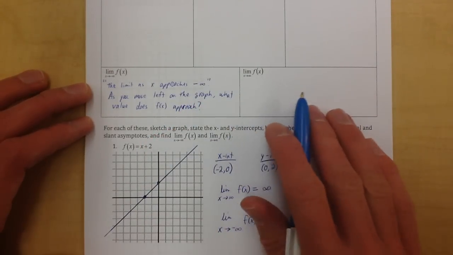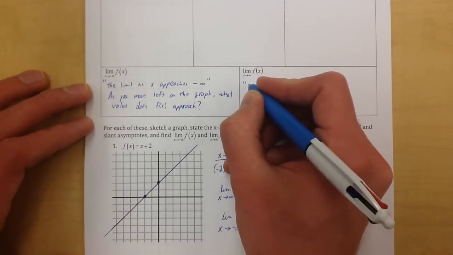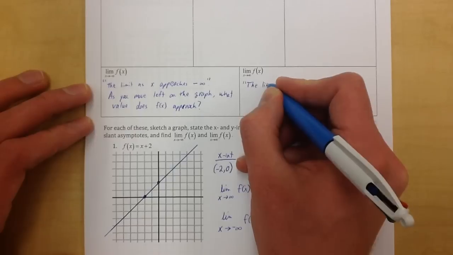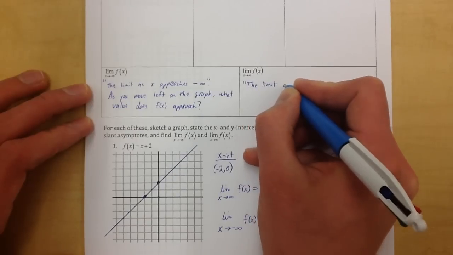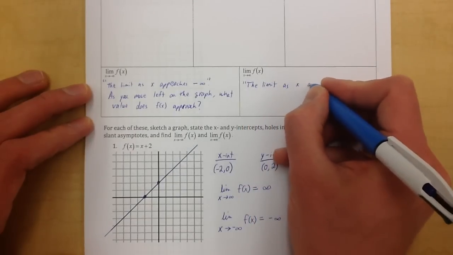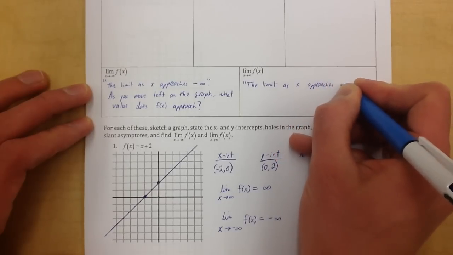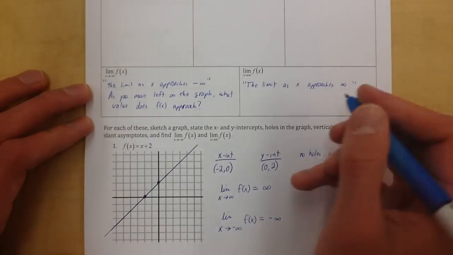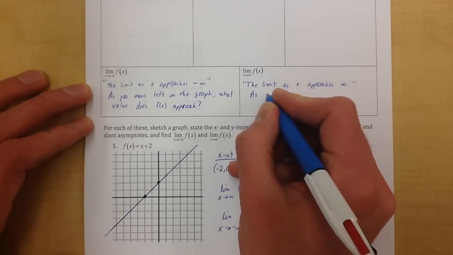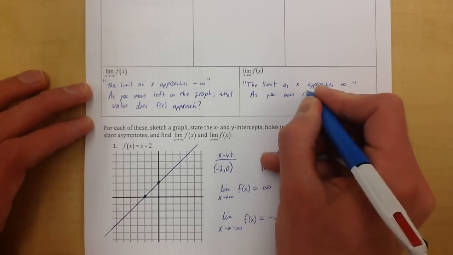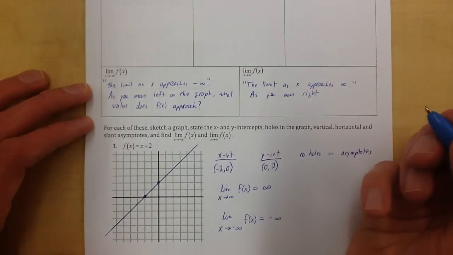And we're going to write something very, very similar here, and I'll just write it all down. If you want to put some ditto marks and change a few words, that's okay. The limit as x approaches positive infinity, that's the way it reads. And same kind of question, as you move right. By the way, some teachers call this end behavior.